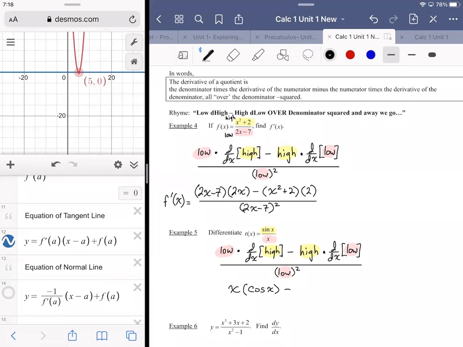Minus the high, which is sine of x, d, whatever the low is. The low is x, the derivative of x is equal to 1. Over the denominator squared, and away we go. So t prime of x would be equal to that.